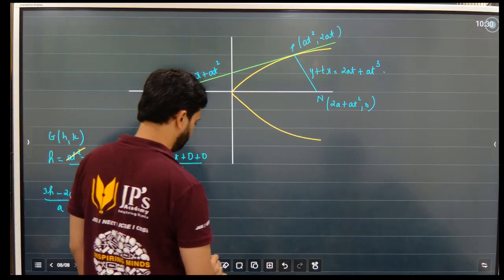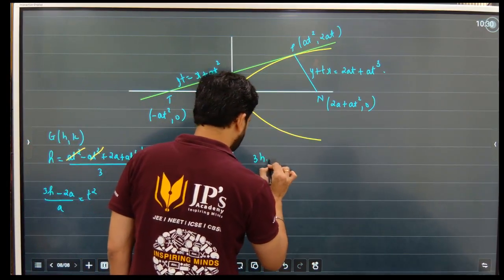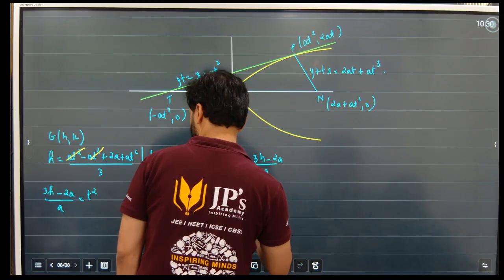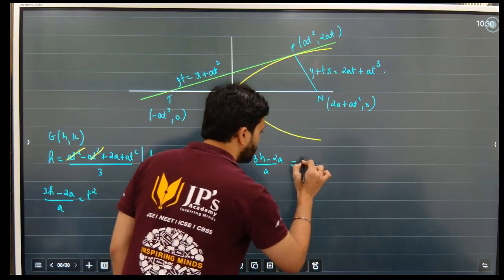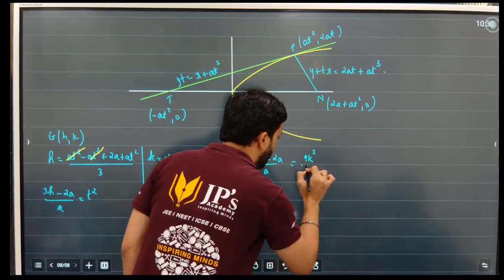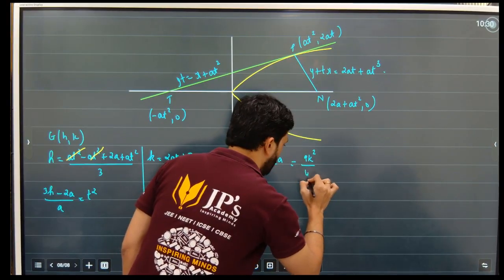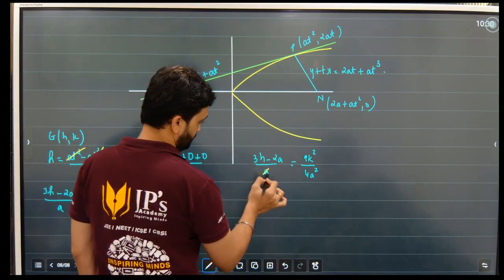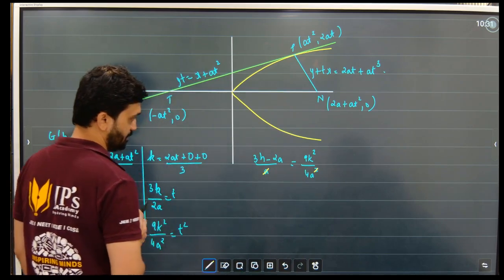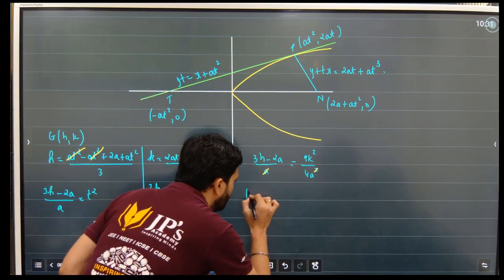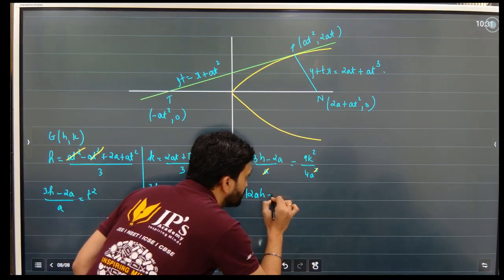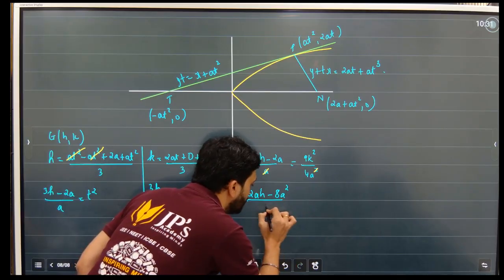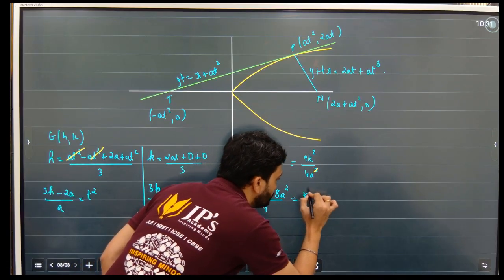Therefore, I will get (3h-2a)/a = 9k²/4a². I'll cancel this a, I'll cancel this a. I will get (12ah-8a²)/9 = k².